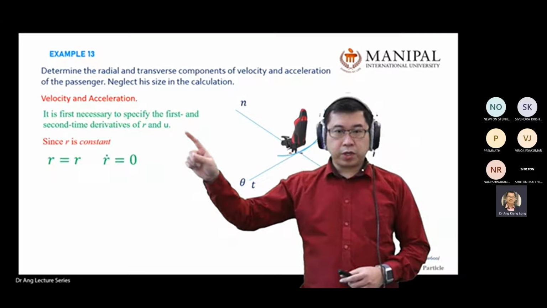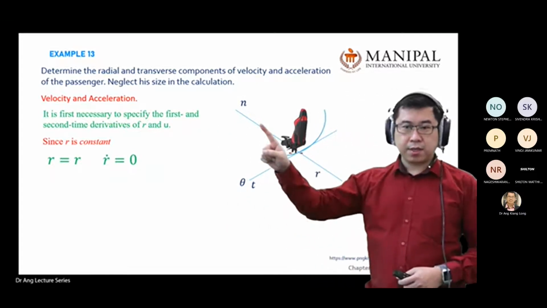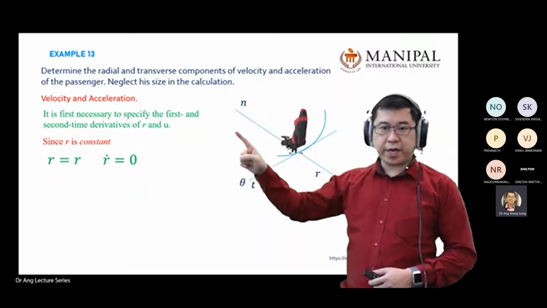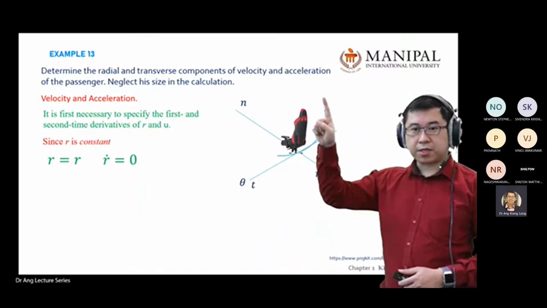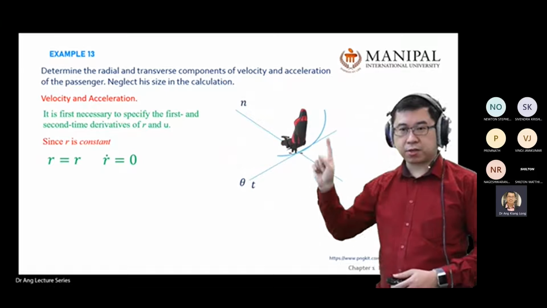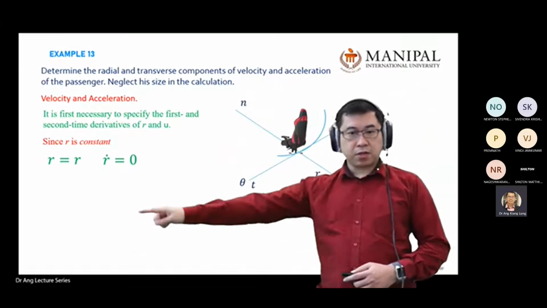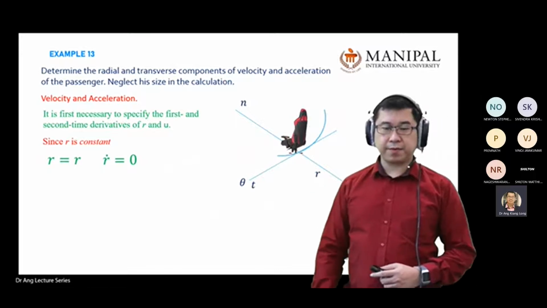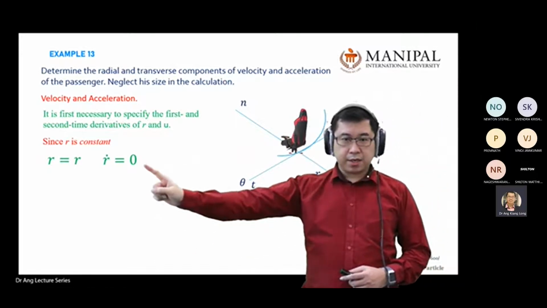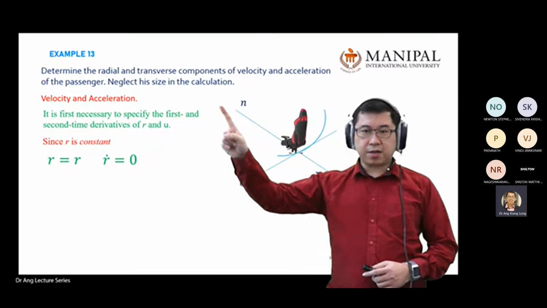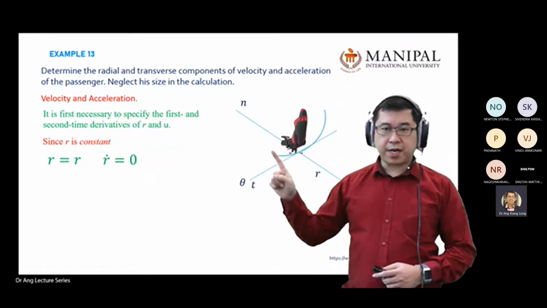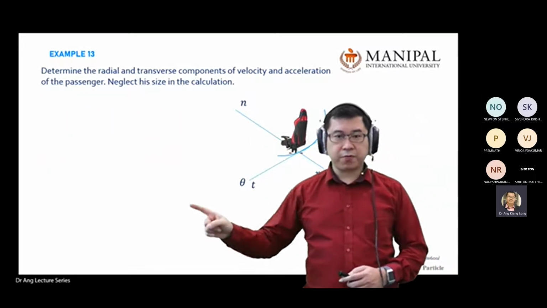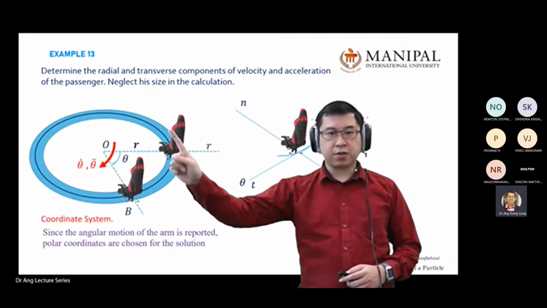Okay, so we know that our r, or our radius vector, is always constant because it travels in a fixed circle. So our r vector equals r before we start. Then when you differentiate your r over time, there's no change of your r because your object travels in a fixed circle.